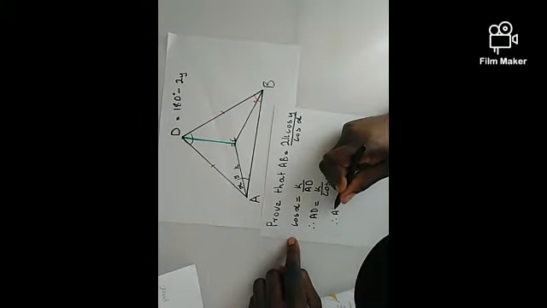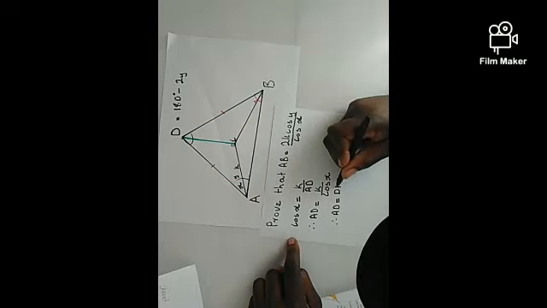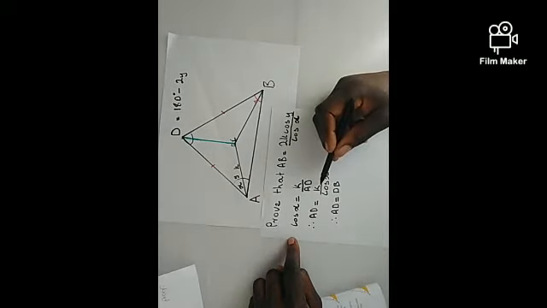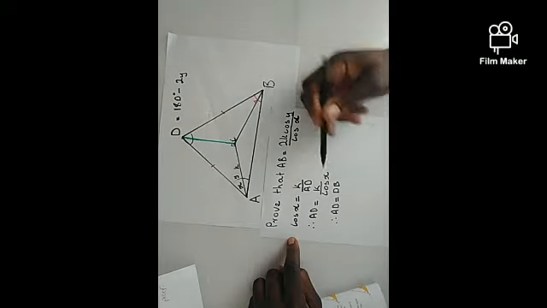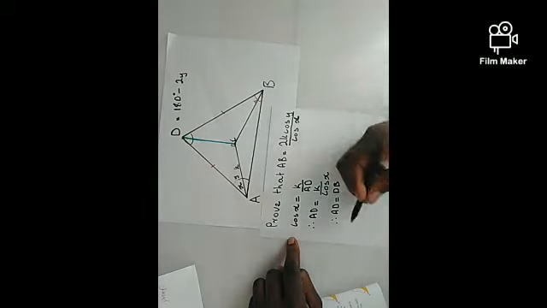AD equals DB. Therefore, DB equals K over cos X. And we also know the angle opposite AB.